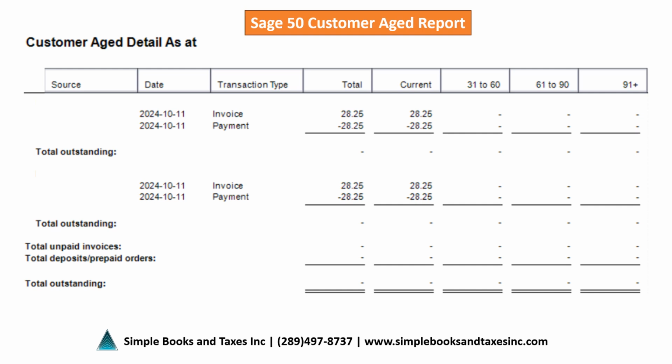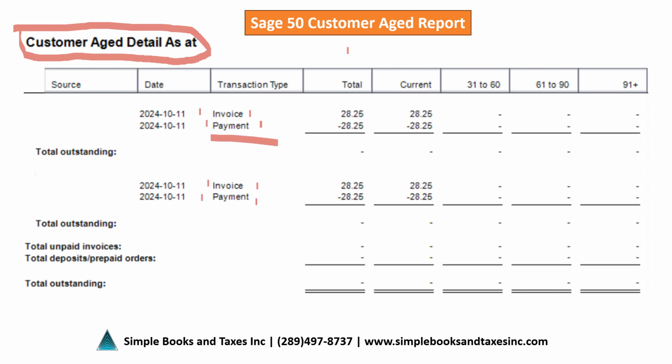And now let us follow what will happen in Sage 50 accounting software. So if we create a customer aged detail report, we will find that both invoices were paid automatically by the system. So these two payment transactions were entered automatically by the system, and the system entered that both invoices were paid in full on October 11, 2024.